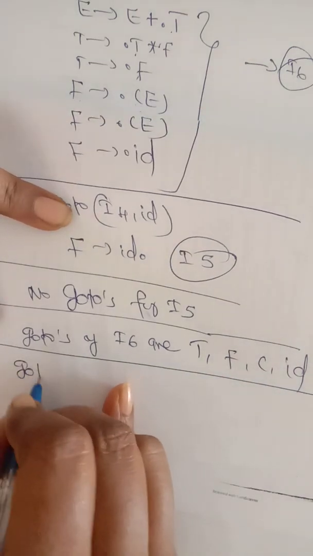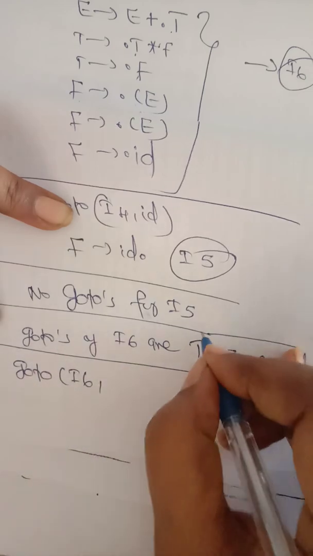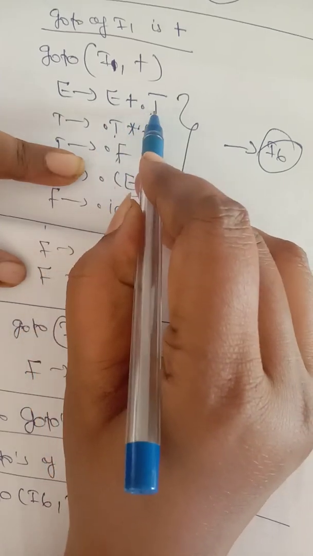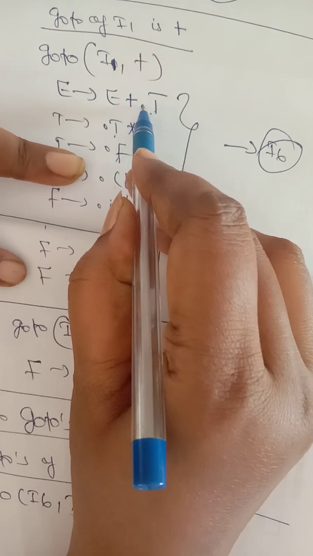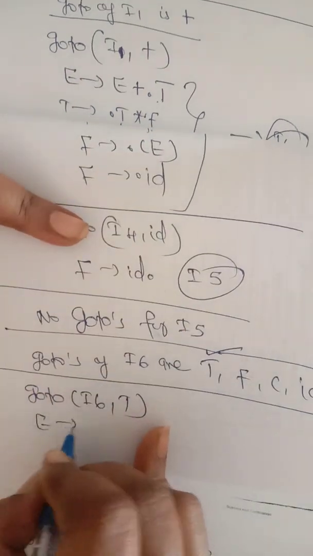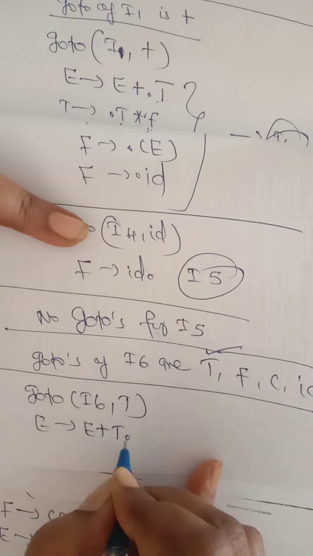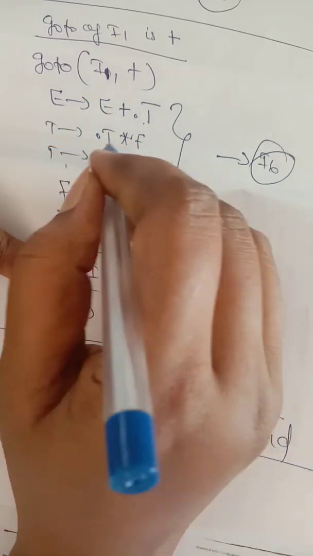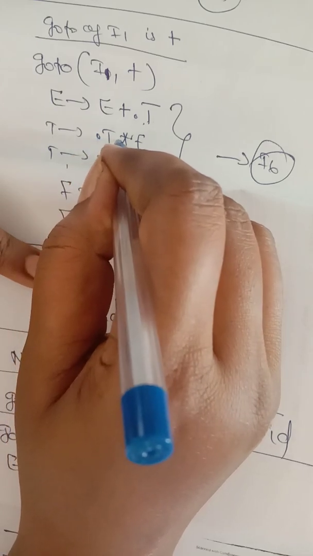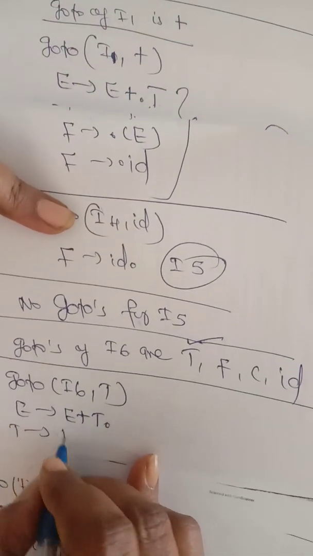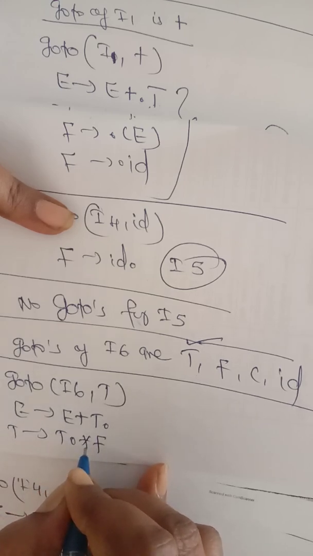So goto of I6 comma, the first one is T. Apply T. In the productions where we have T, the first one is E goes to E plus T dot, since the dot operator moves one position to the right. In the second one we have T goes to dot T star F, so the dot moves to give T goes to T dot star F. After the dot we have a terminal, so just ignore.